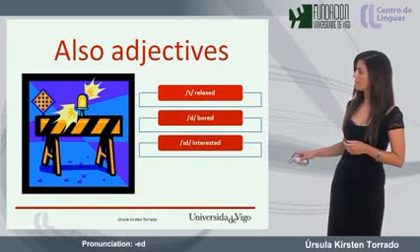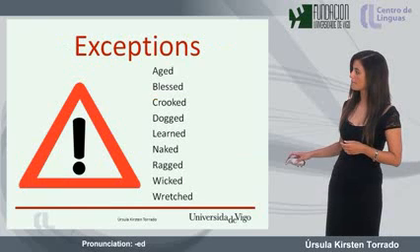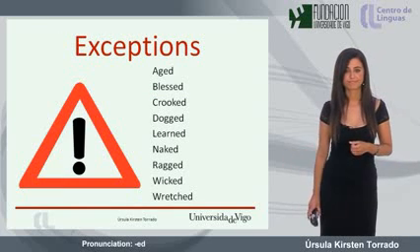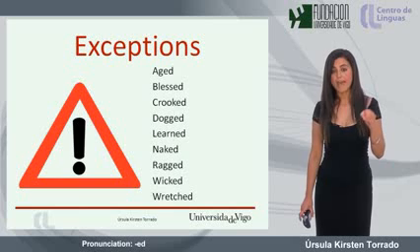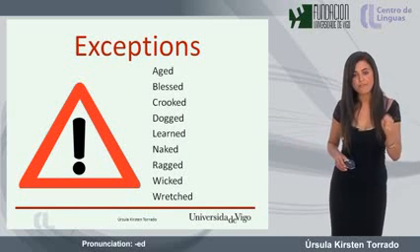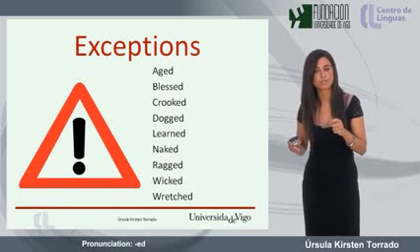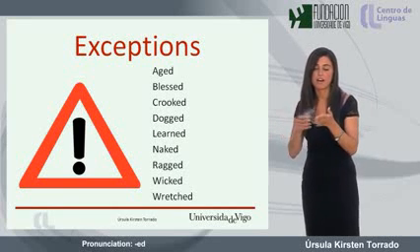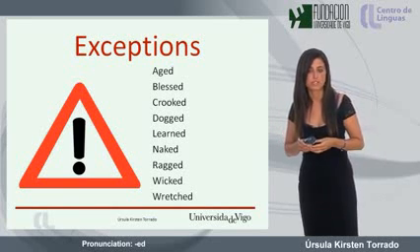We need to bear in mind that there are some exceptions. There are some adjectives that do not follow the rule. Whenever they are adjectives, they are pronounced with the id ending pronunciation.